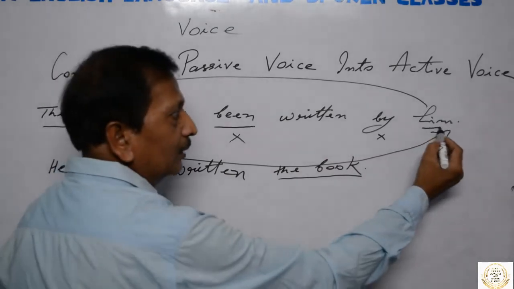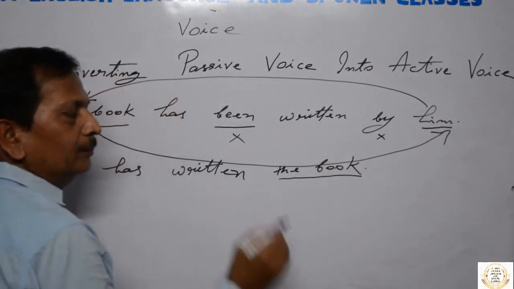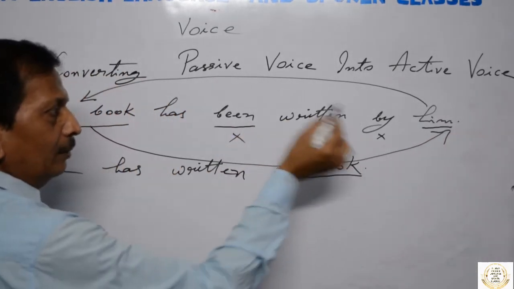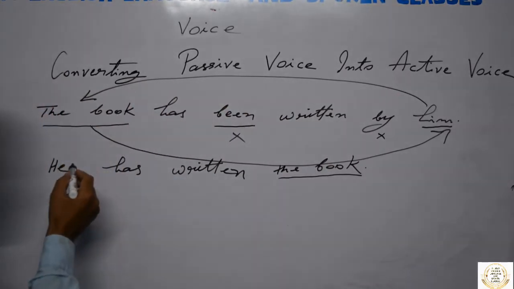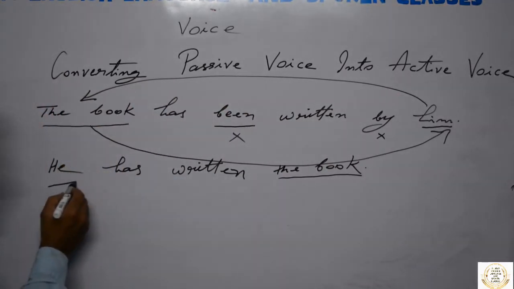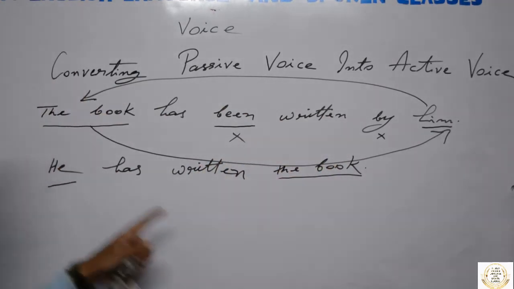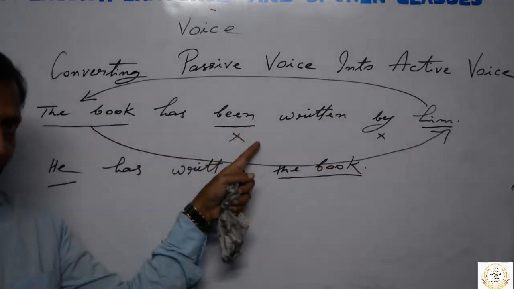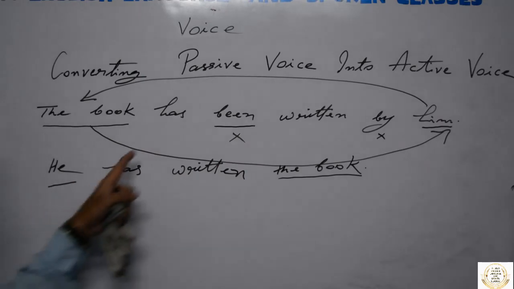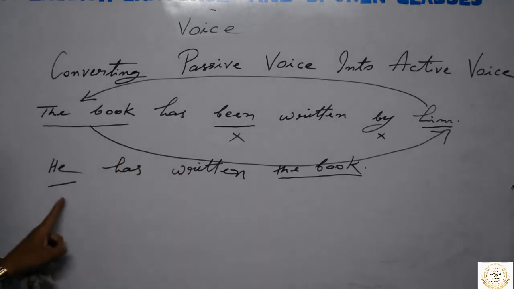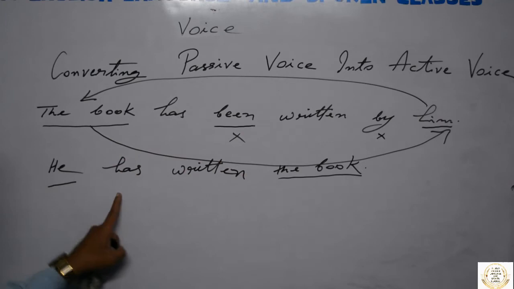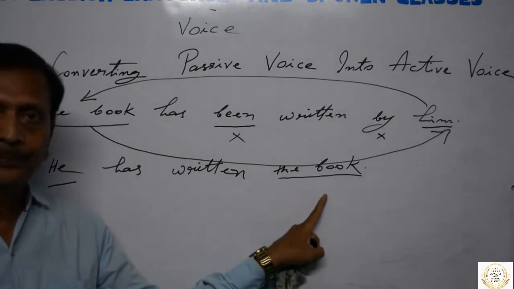The word that is standing in the place of the object will be brought near the subject. So two words have been omitted. This is present perfect tense, and I told you how it is present perfect. This is your correct answer. He has written the book.